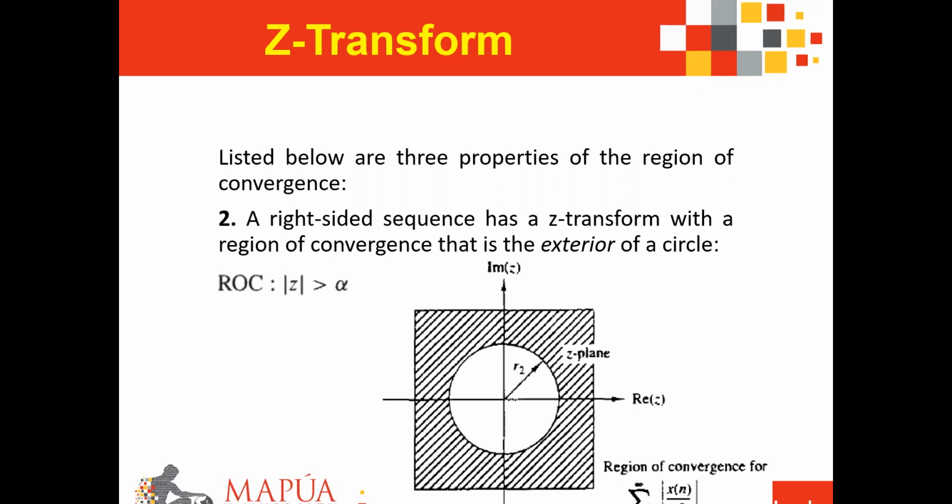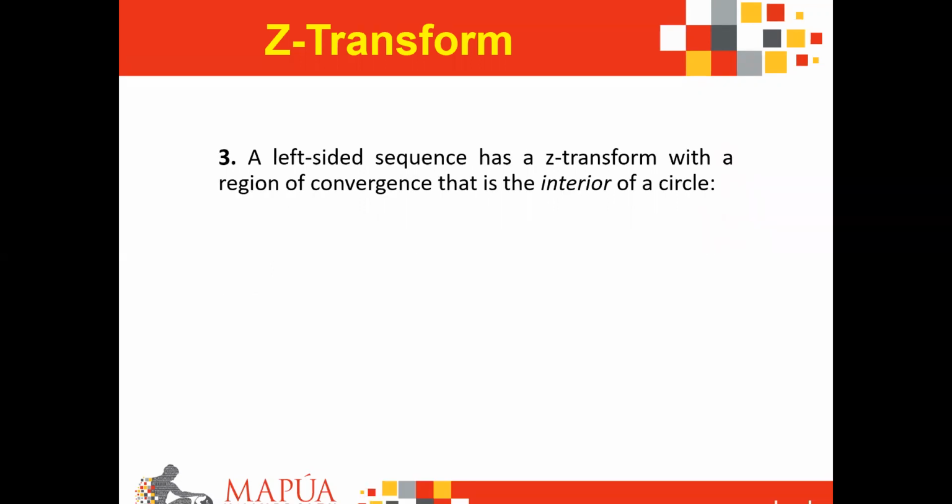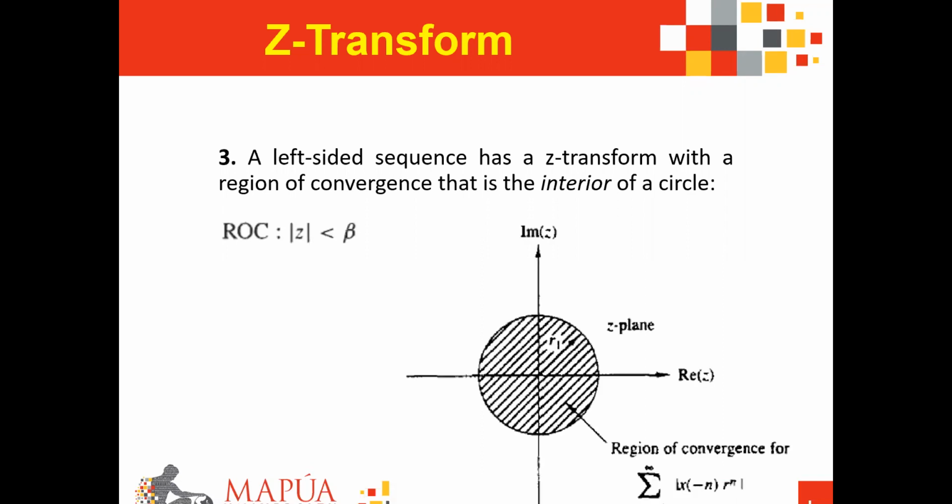And then, of course, the other one is the left-sided sequence, which means that the Z-transform will include the interior of your circle. This one. Okay? So the ring is basically a combination of the two. You have a limit on the left, and a limit on the right.